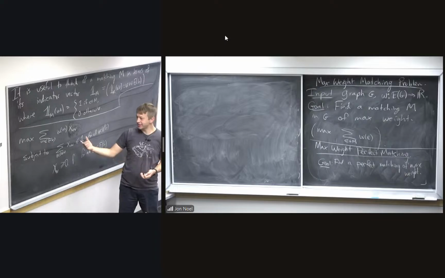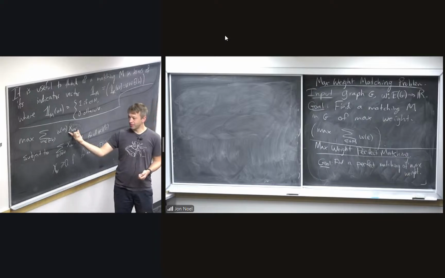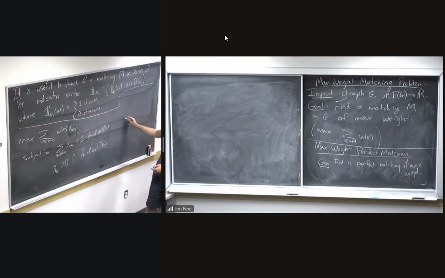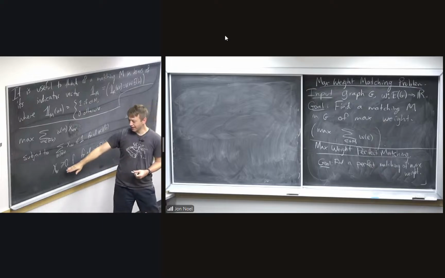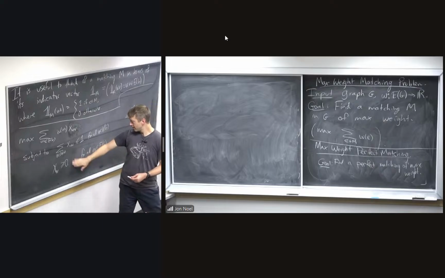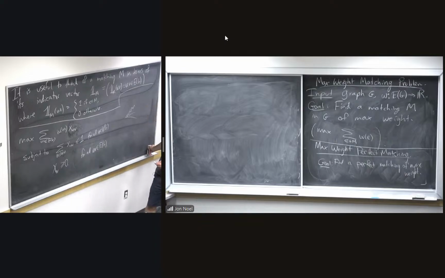I take a variable for every edge. This is my condition that it has to be a matching, that from every vertex there's at most one matching edge. And each variable has to be non-negative. So any indicator function of a matching would satisfy these two conditions.